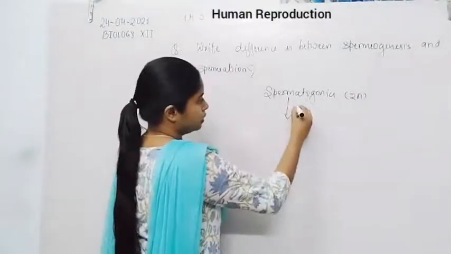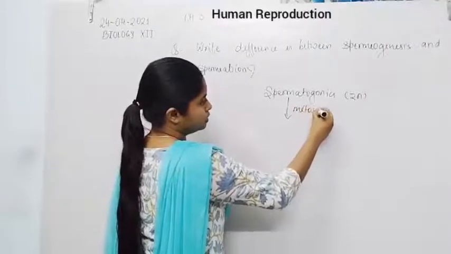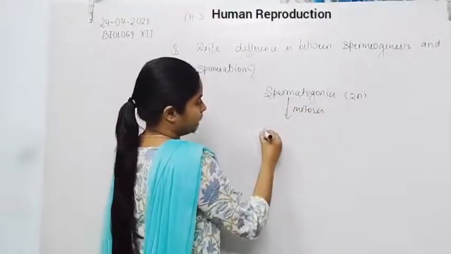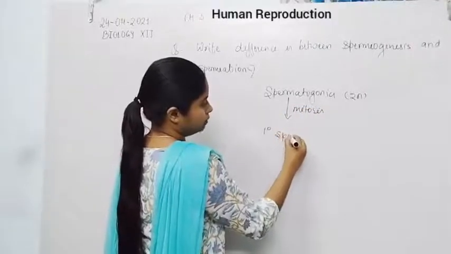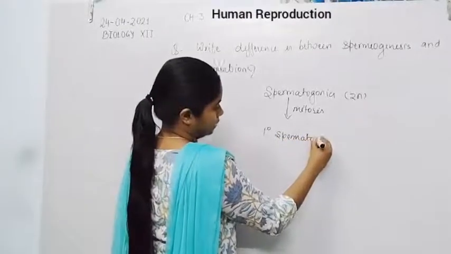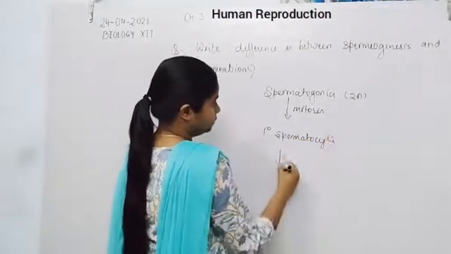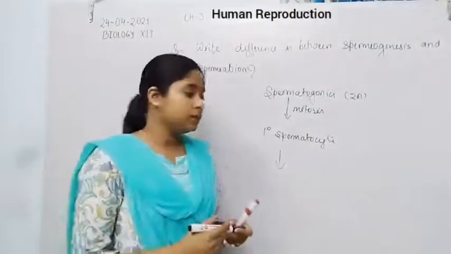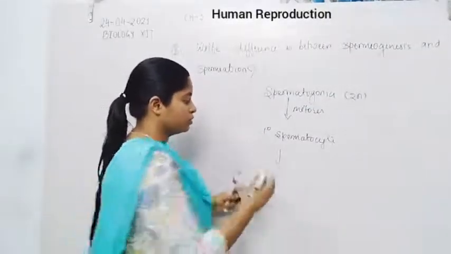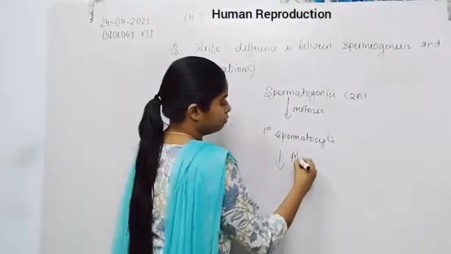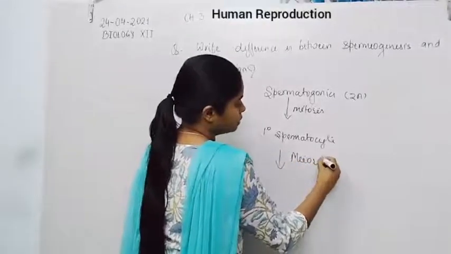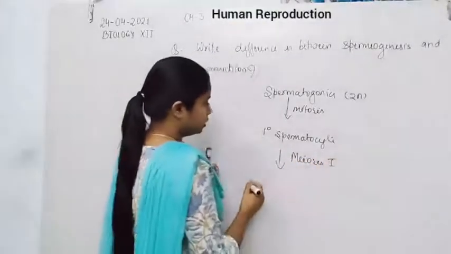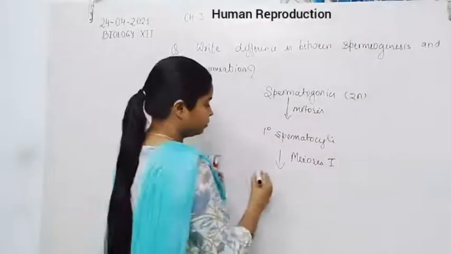So first they undergo mitosis division to form the primary spermatocyte. Then during puberty, the primary spermatocyte undergoes meiosis first division to form the secondary spermatocyte.